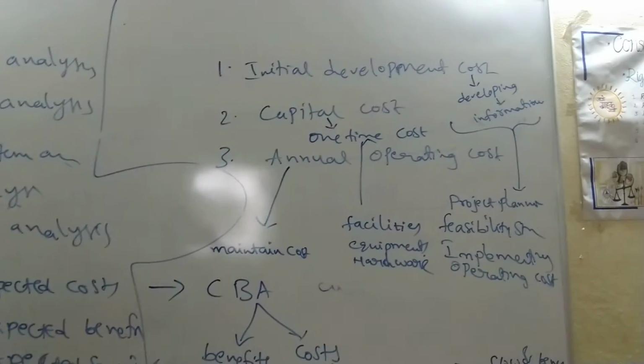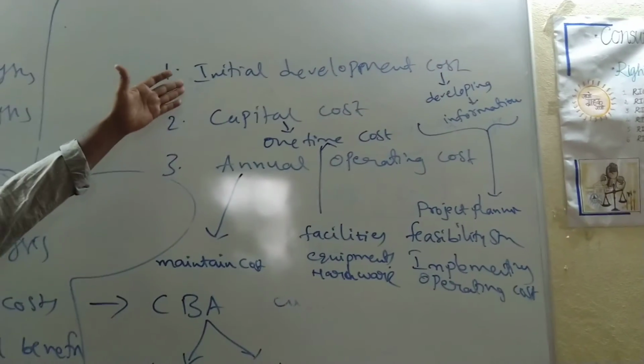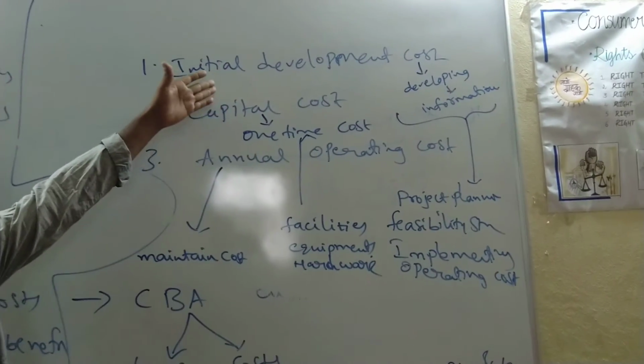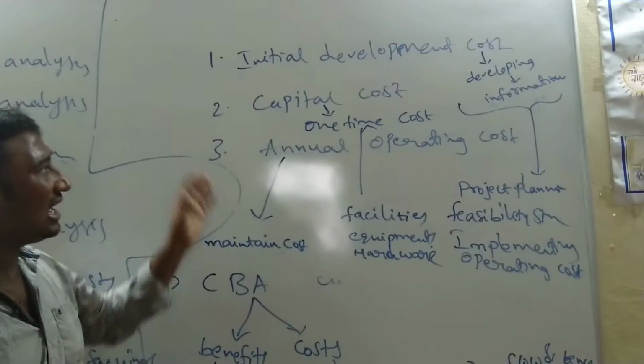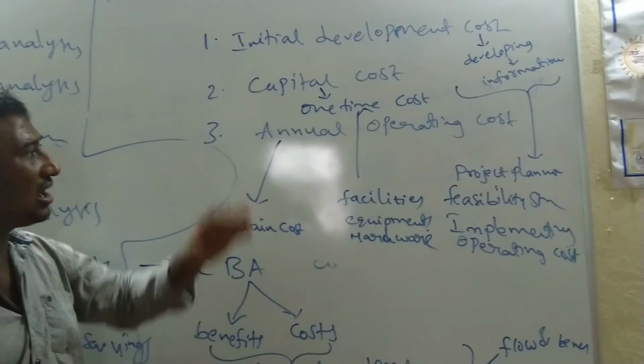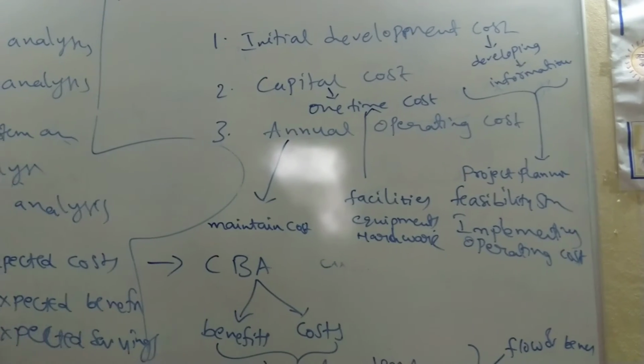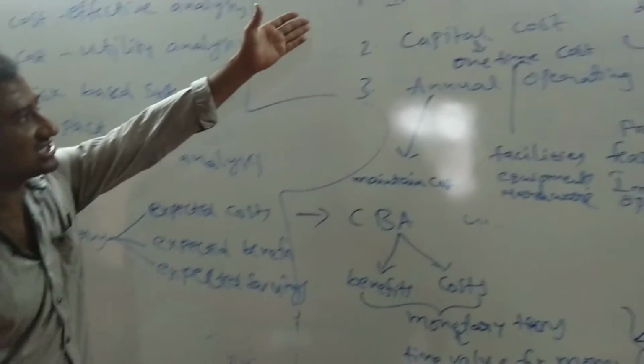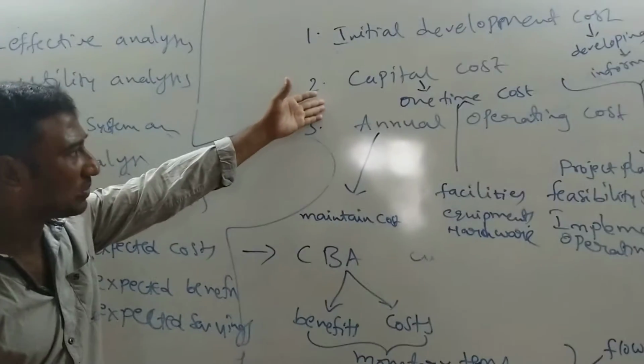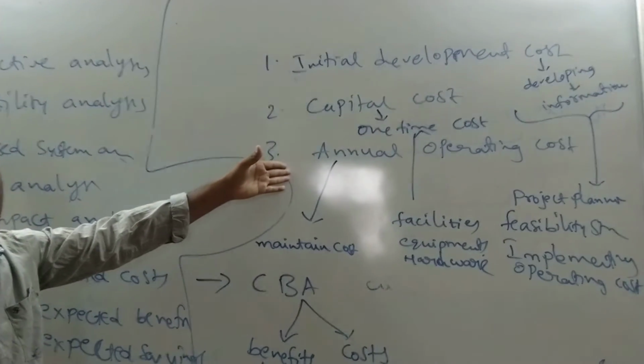For this, it describes three things: initial development cost, capital cost and annual operating cost. These are measured with the initial development cost, capital cost and annual operating cost.